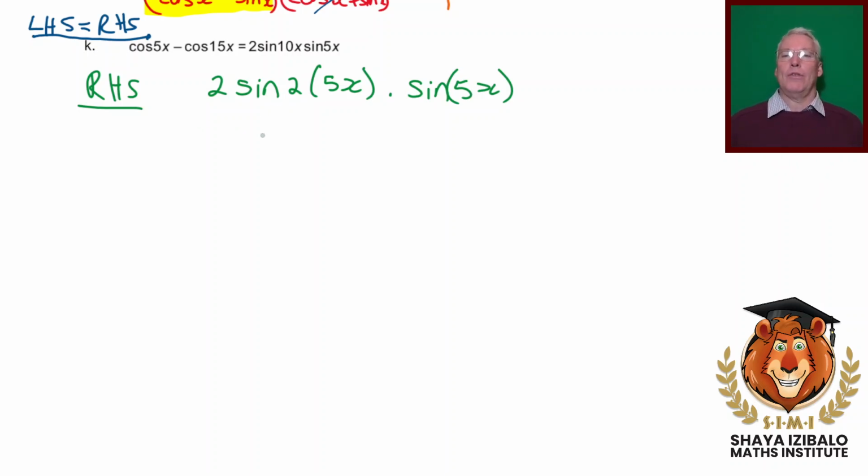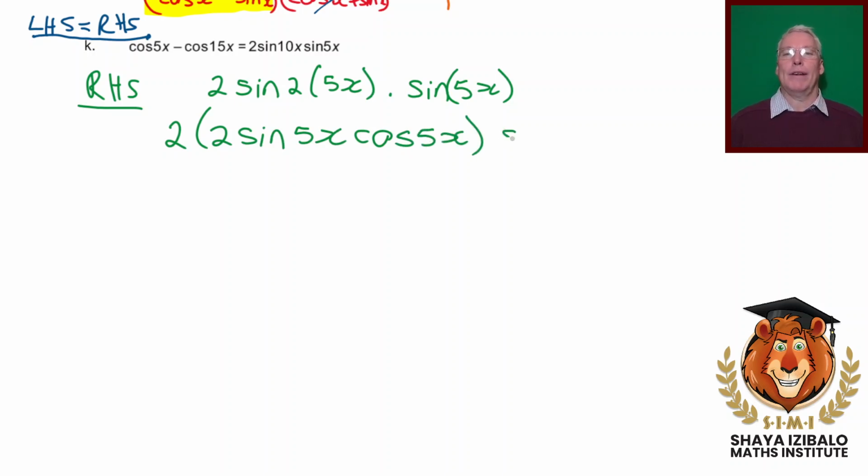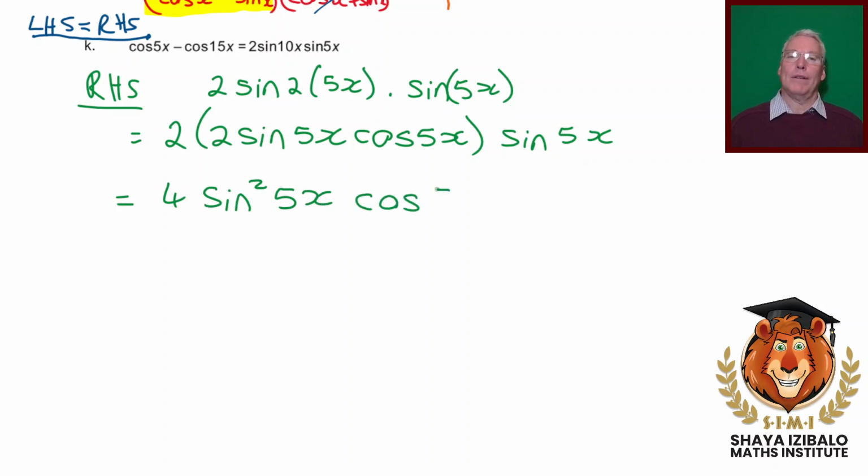So in other words, the sine 2 5x is going to be 2 sine 5x cos 5x, times the other sine 5x. So what the right hand side actually comes to is 4 sine squared 5x cos 5x.